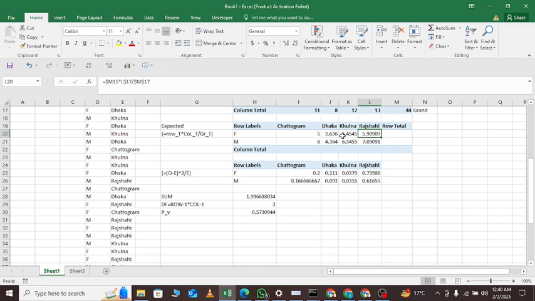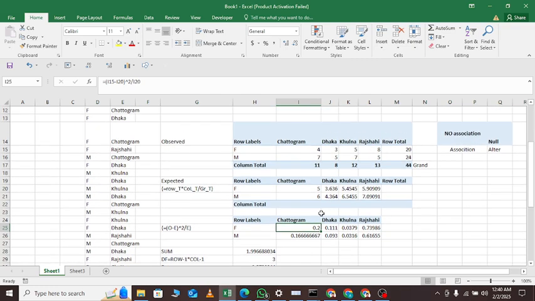Now we use observed value minus expected value, power 2, divided by expected value. Here the observed value is 4, minus 5, power 2, divided by 5.